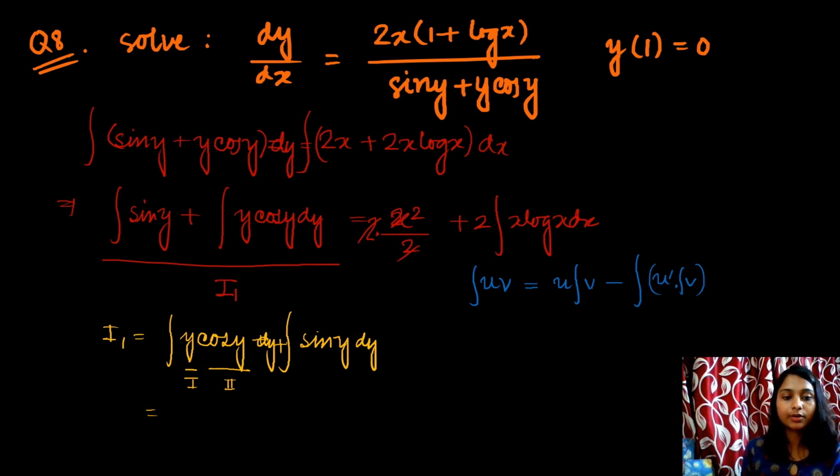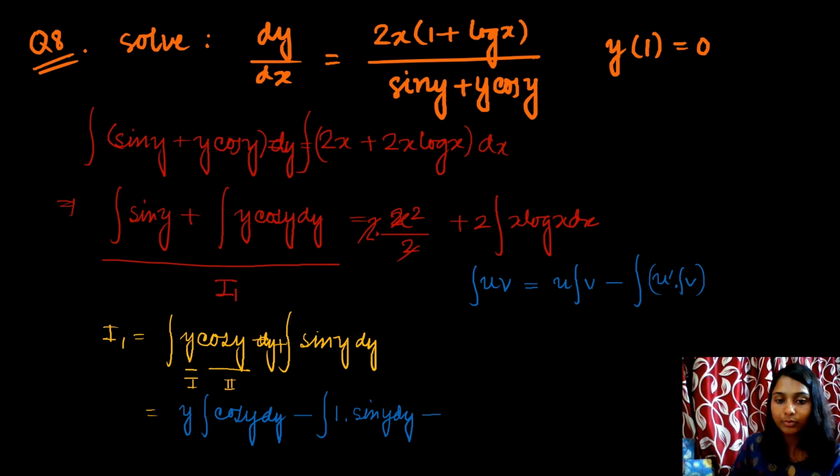So we can do here y integration cos y dy minus the integration of, and the derivative of y is 1 and the integration of cos y is sin y. And we can see that there is also another sin y here.